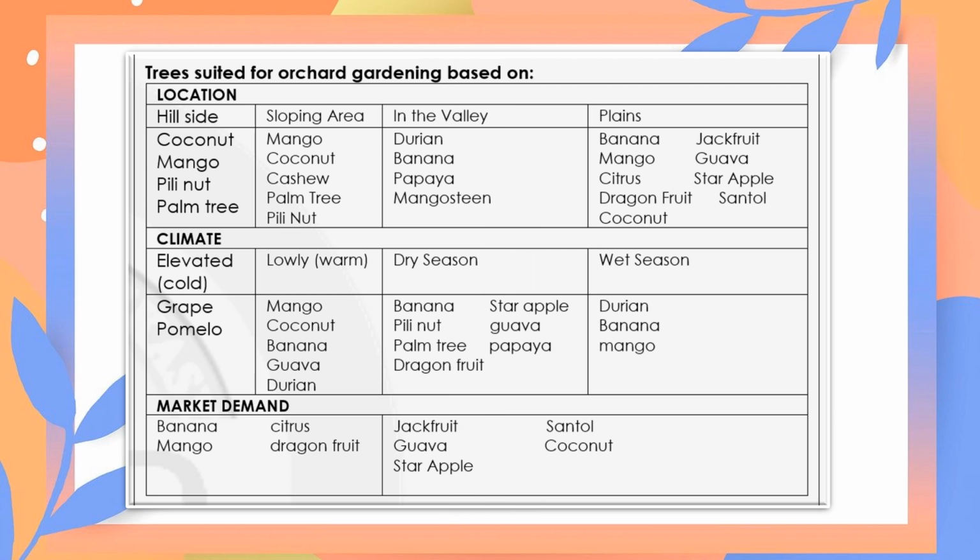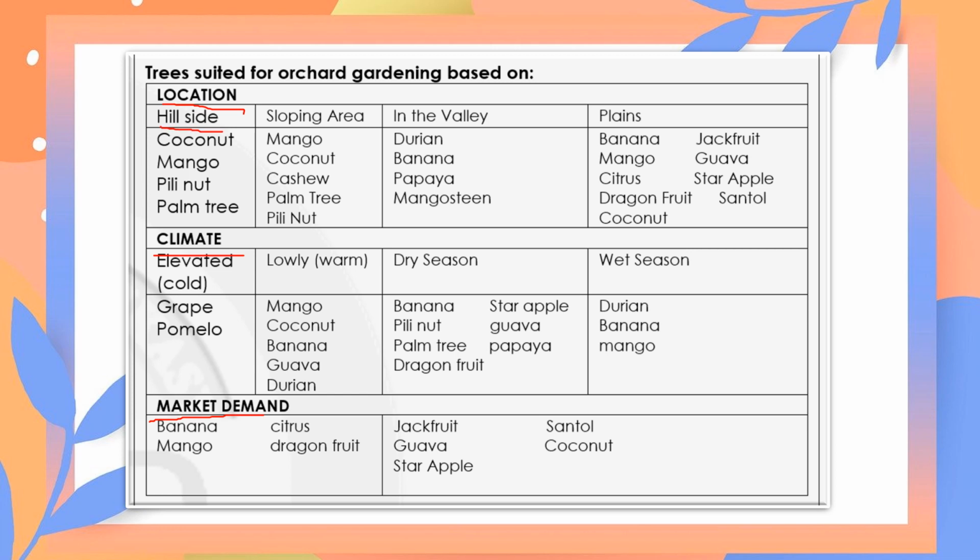So we have trees suited for orchard gardening based on location, climate, and market demands. So take a look at the location. There are different fruits that grow in different locations.